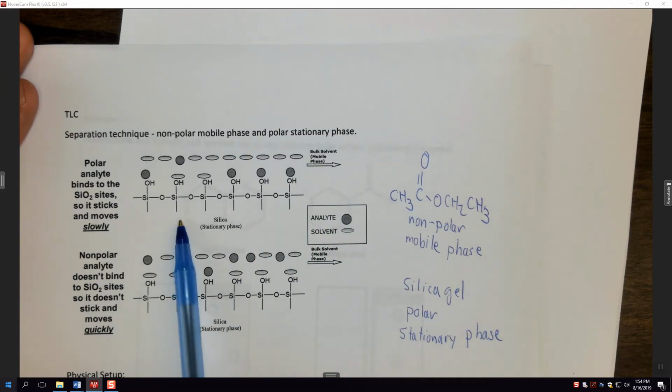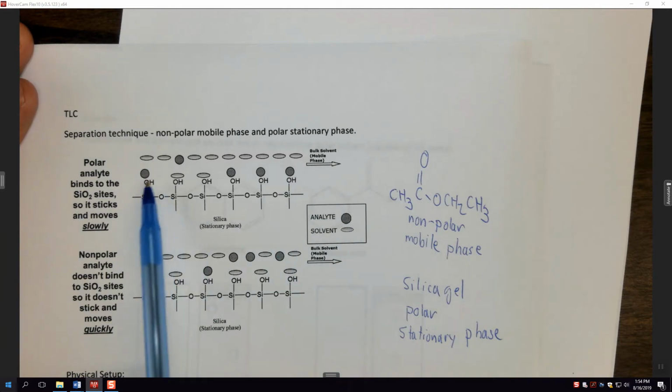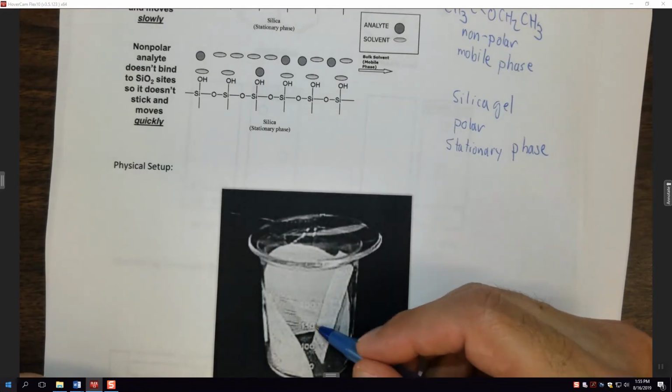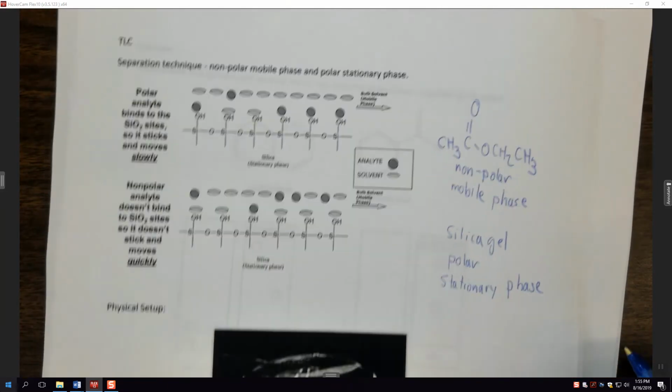So the silica gel is basically stationary. And when the analyte of interest sticks to the silica gel, it doesn't move very far. So if we look at the TLC plate, a polar solute may only go to here or may only go to here. What about a nonpolar solute?